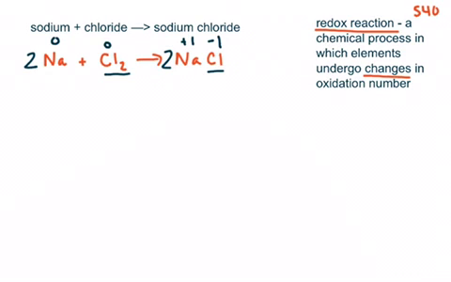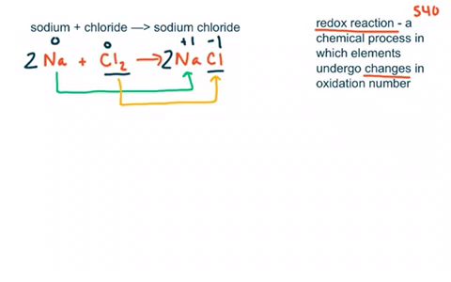So, if you noticed, sodium here, did its oxidation state change from left to right? It did, didn't it? And the same thing happened for chlorine, where we had a change from left to right. What we talked about with oxidation states or oxidation numbers is that they're a bookkeeping device for how electrons are distributed.